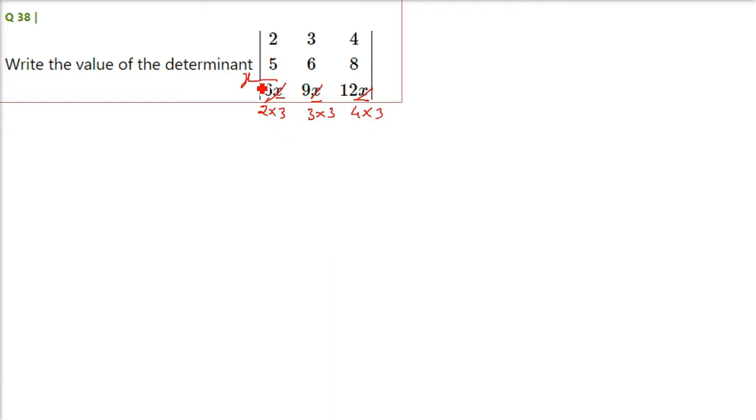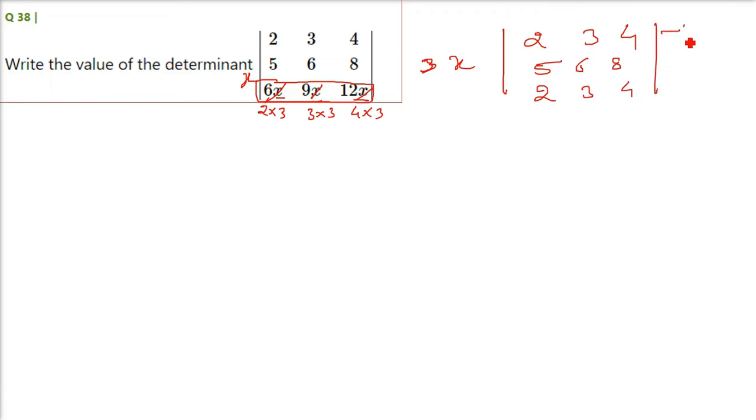When you take 3 common, it will be 2, 3, 4 remaining. So when you take x common, since 3 and x common from the third row, 2, 3, 4 will remain. First row and the third row are exactly similar, and when two rows or two columns are similar, that means the determinant is going to be 0, so all will be 0.